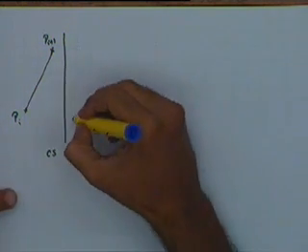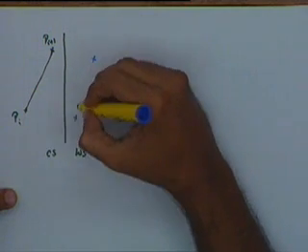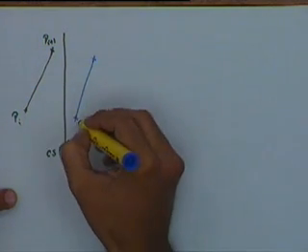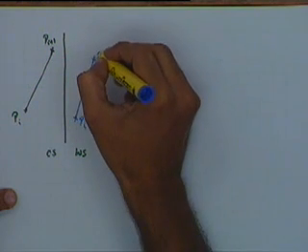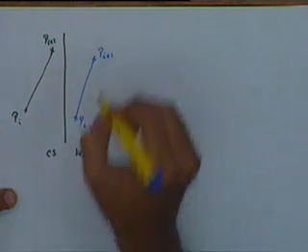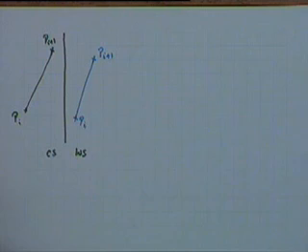The second case is when both the points are on the wrong side of the clipping edge.